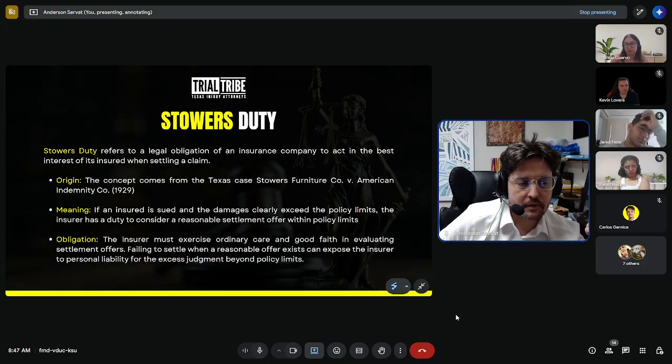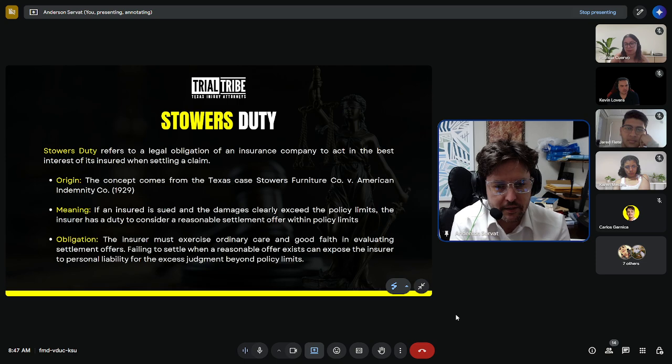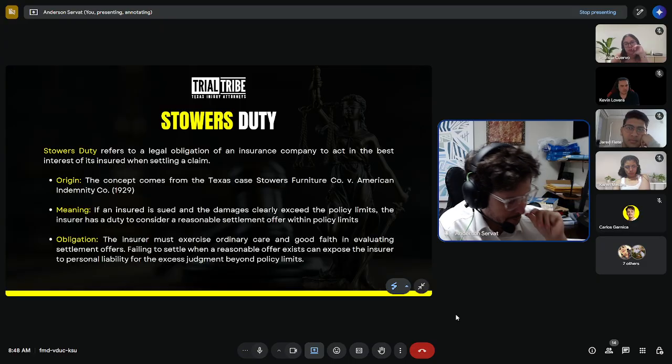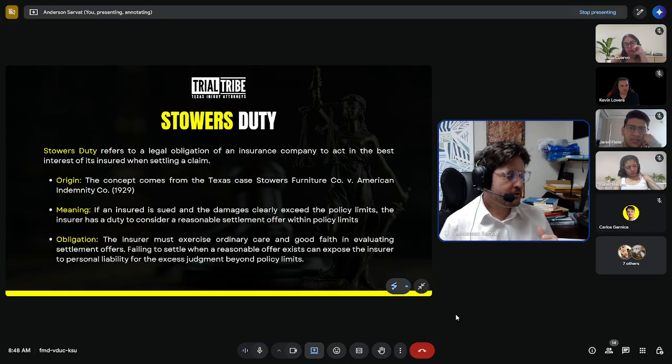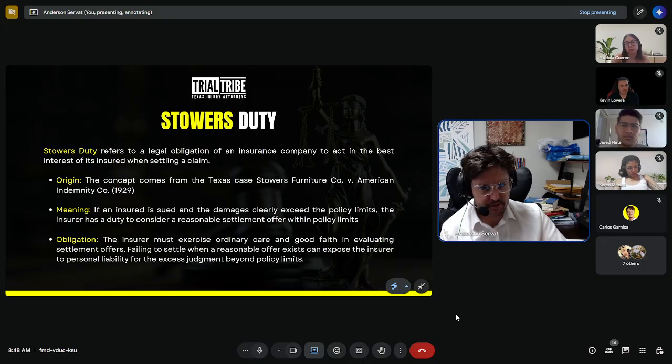And the attorney made a demand in the middle of the lawsuit for the full policy limits of $4,000. The attorney for the insurance said, well, I want to pay half of it, and Stowers is going to pay half of it.